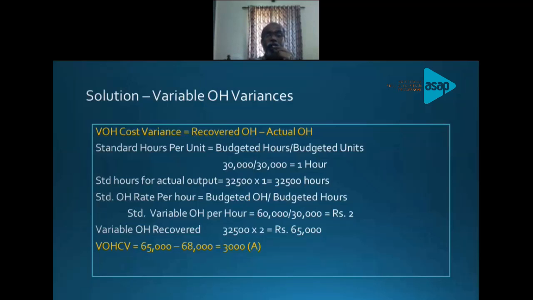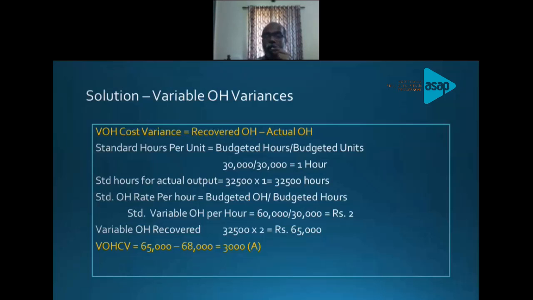So standard variable overhead per hour: budgeted overhead is given in the question, it is 60,000, and budgeted hours is 30,000. So standard variable overhead per hour is rupees 2. Rupees 2 per hour.